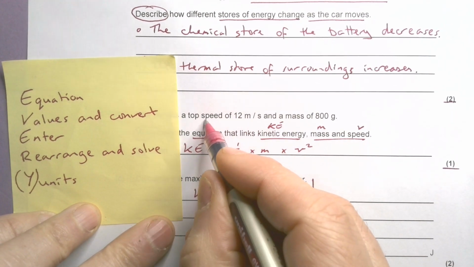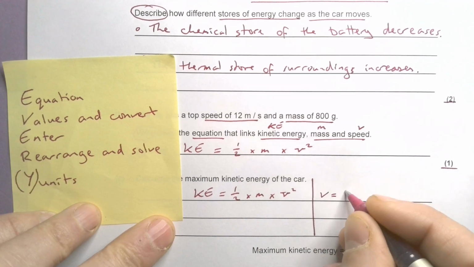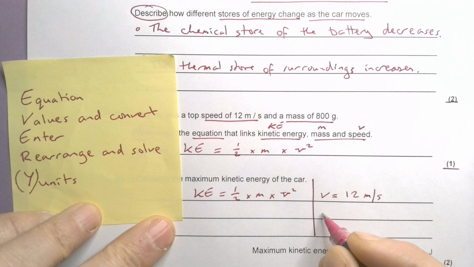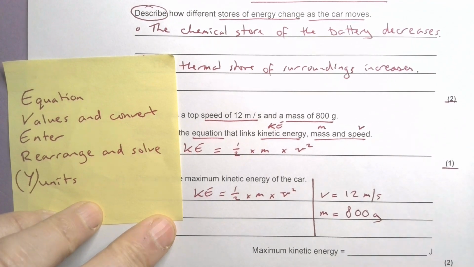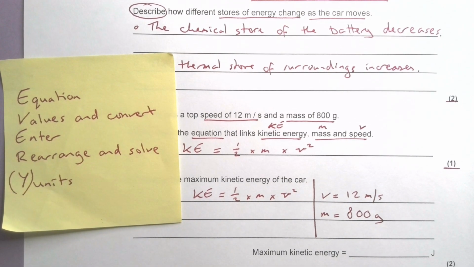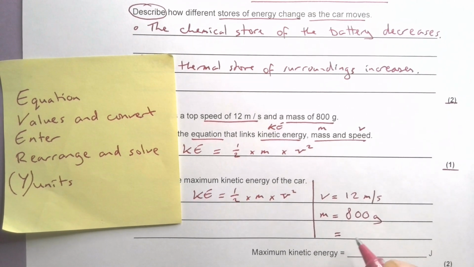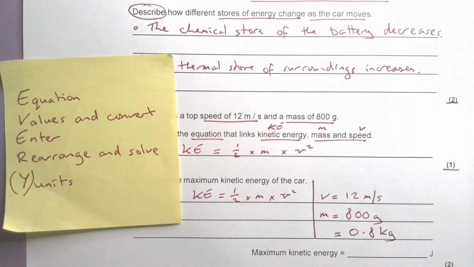So we've got v is equal to 12 meters per second, which is fine. M is equal to 800 grams, which is a bit sneaky for 2 marks. I'm surprised that's only a 2 mark question. I'd be expecting maybe 3 because grams is not a normal unit of mass. So I've got to convert that to kilograms, 0.8 kg, and that would be worth 1 mark there.